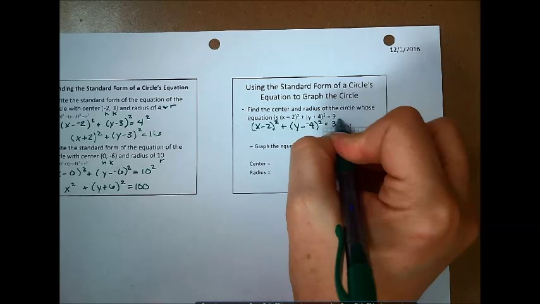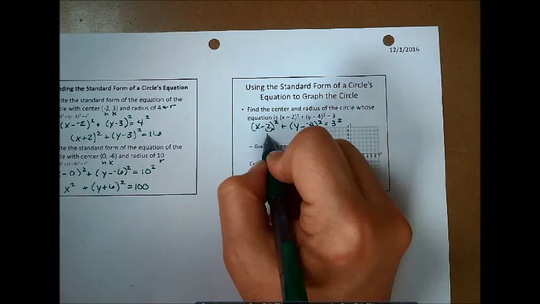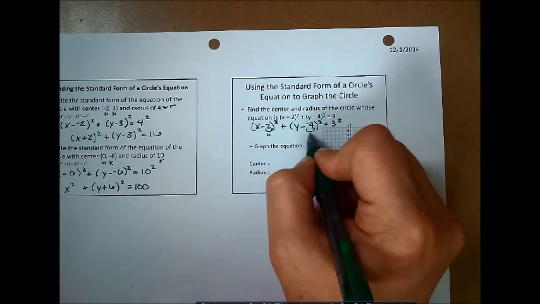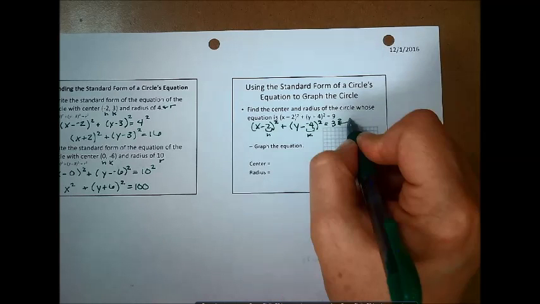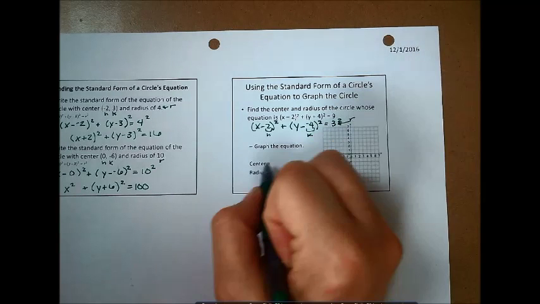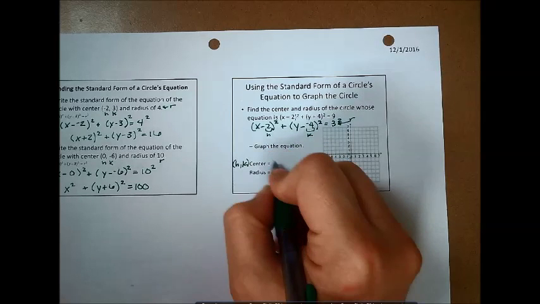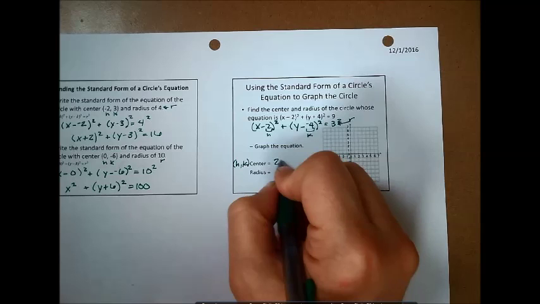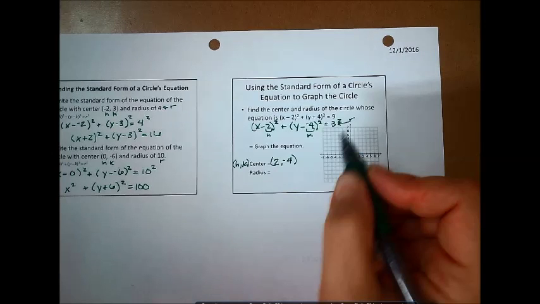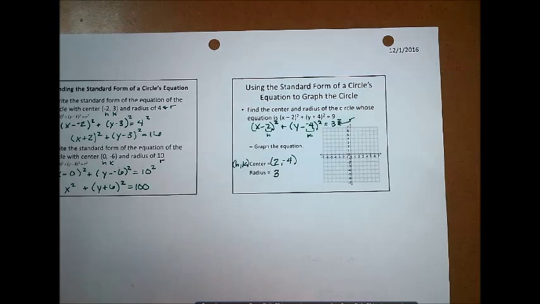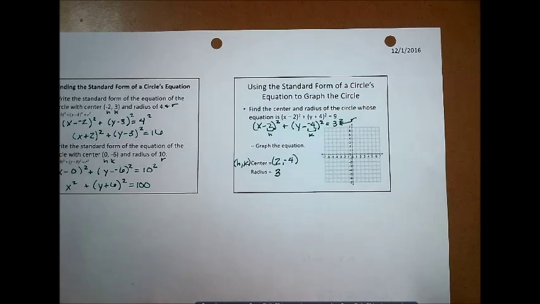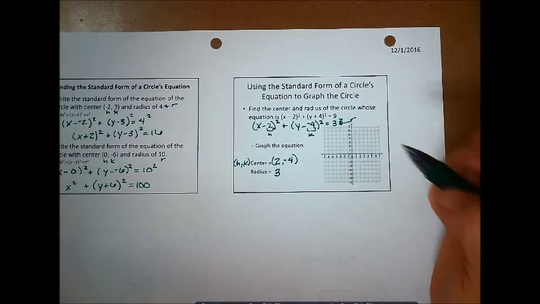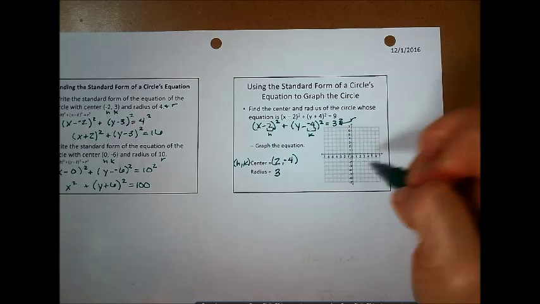So there's our h, there's our k, and there's our r. So our center, remember, is (h, k), which is going to be 2, negative 4, and our radius is going to be 3.